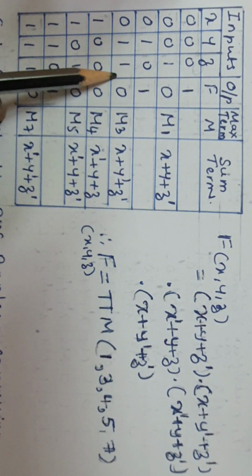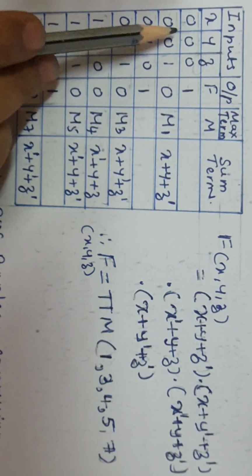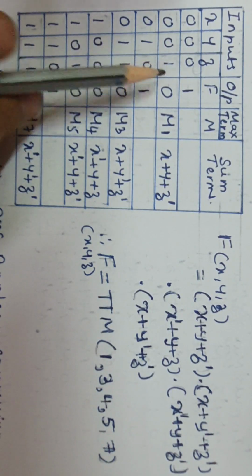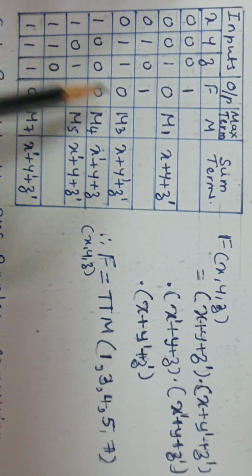So in this truth table, for the 3 variables x, y, z, the possible combinations are 0, 0, 0, 0, 0, 1 to all 1s, which means 0 to 7. Totally 8 possible combinations of inputs are listed. That is the first step in writing a truth table. That is what is there in the given truth table here.